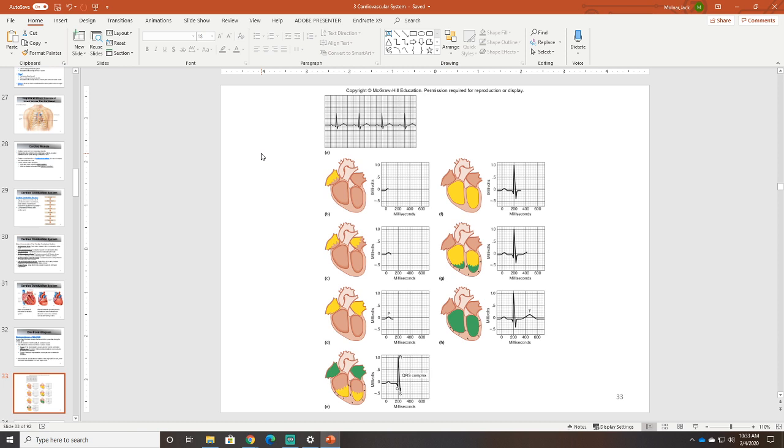And so here you can see the heart. In yellow, you see depolarization. And then green will actually represent repolarization. So let's go through these vertically. All right. So the first one up, we see the atria begin to depolarize. Of course, you know right up here is where we would find the SA node. This is where it begins. We see the atria depolarized.